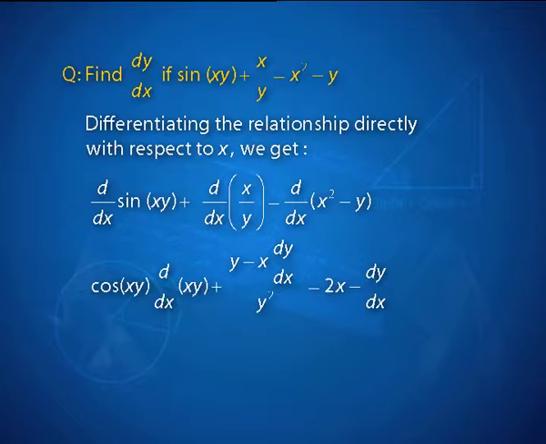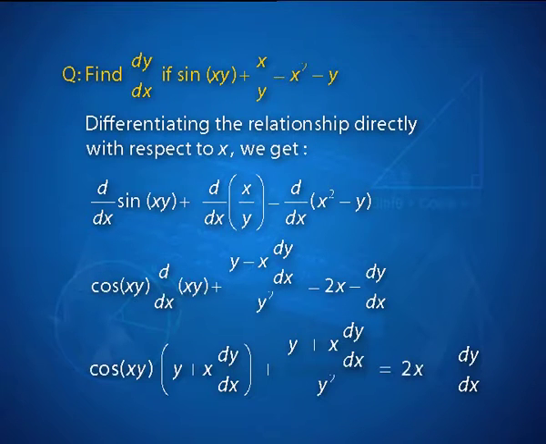Work is still not over because I still have to finish the first term. Again applying the derivative of xy with the help of product rule, I get cos of xy into y plus x dy by dx. The other terms remain the same. Our job was to find dy by dx.